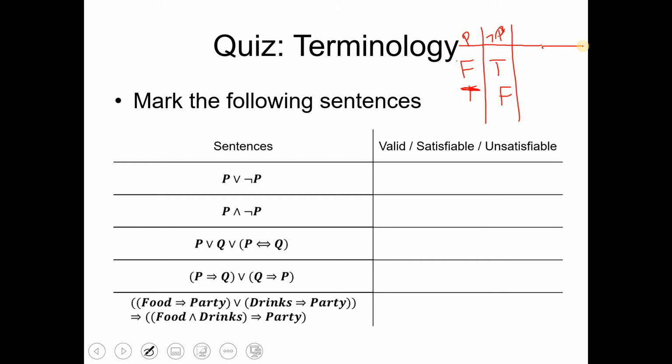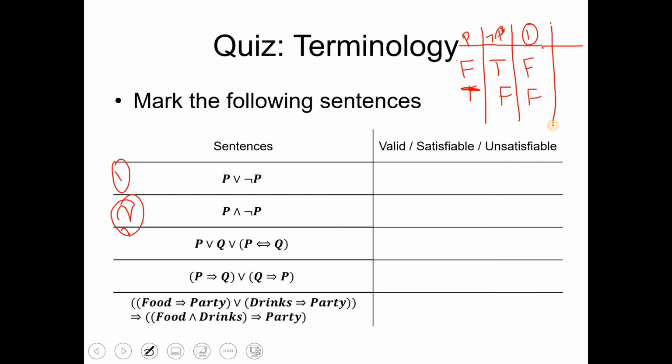Let me write over here 1 and 2. So the first one will be P or not P: false or true will be true, and the second one will also be true.